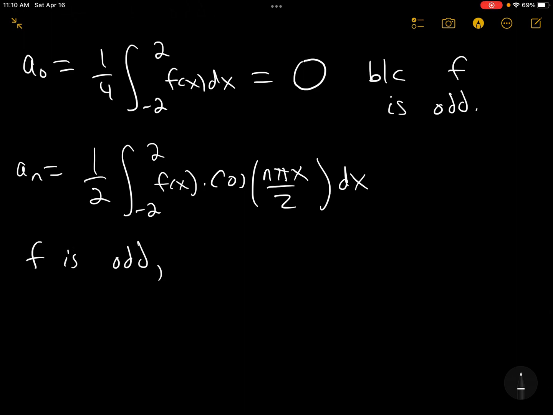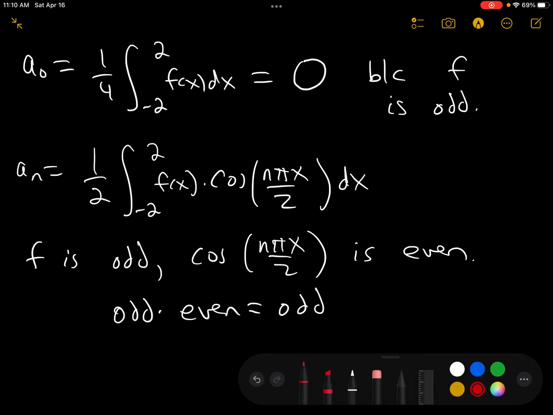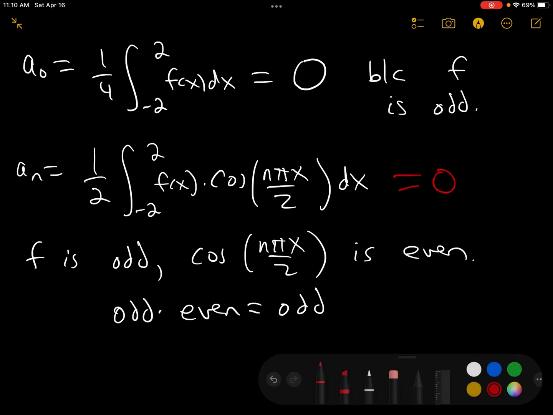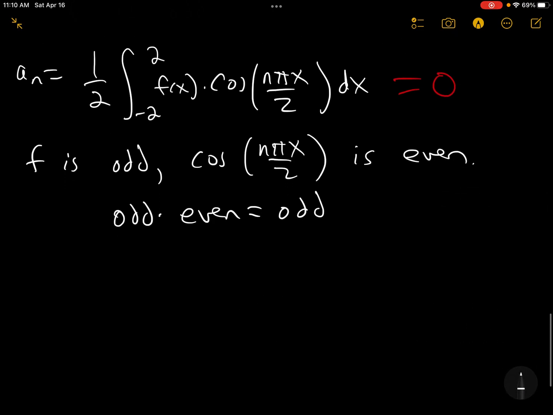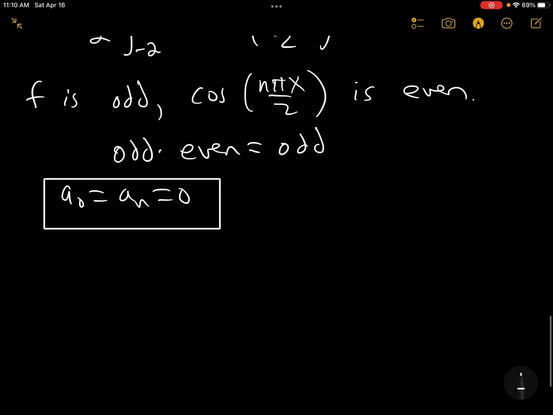Now, f is odd, and cosine of n pi x over 2 is even, and so odd times even is odd. Therefore, this is 0. Cool. So far we have a naught equals a_n equals 0.